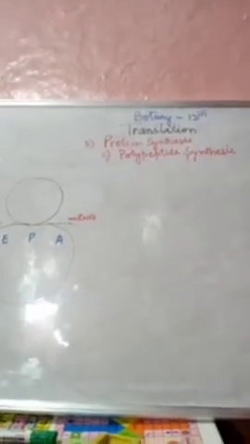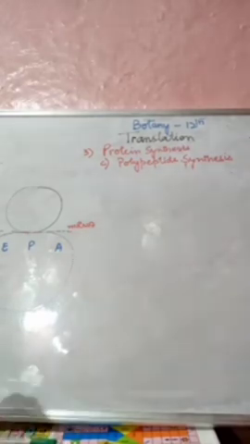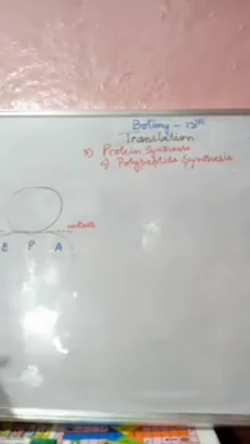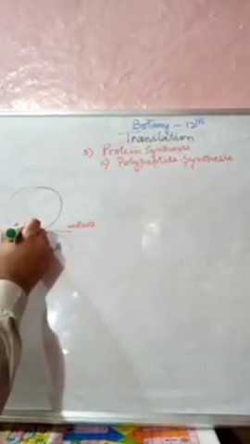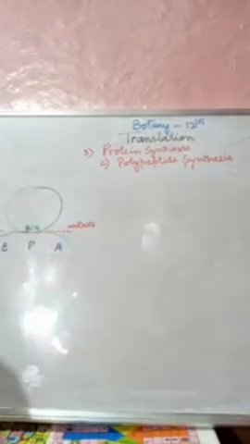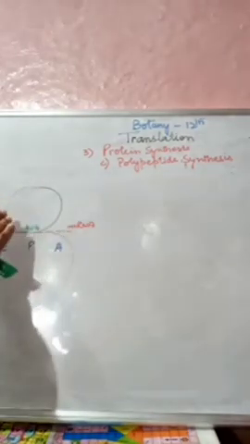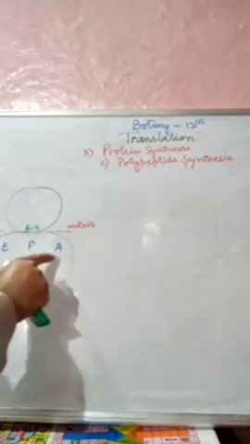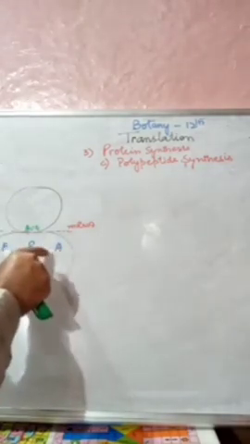And what we have studied, the first code always comes at site P. That first code is AUG. It always comes at site P. All other codes for different amino acids are read at site A.